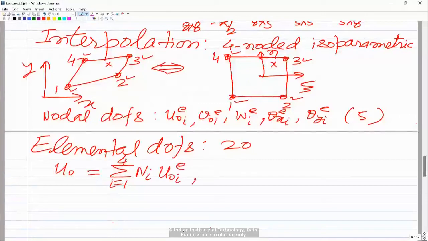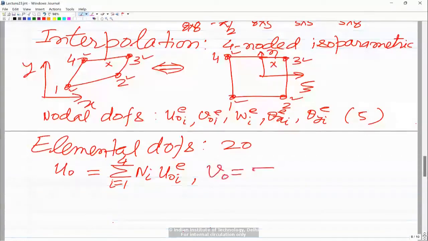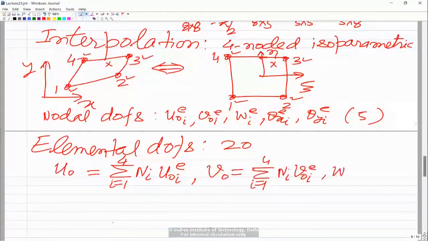We are writing u naught in terms of interpolation function Ni, which is a function of xi and eta, and u naught I is the nodal value of u at node I. So similarly, v naught would be written as summation I going from 1 to 4 Ni v naught I. And similarly, w will be written as summation I going from 1 to 4 Ni wI.